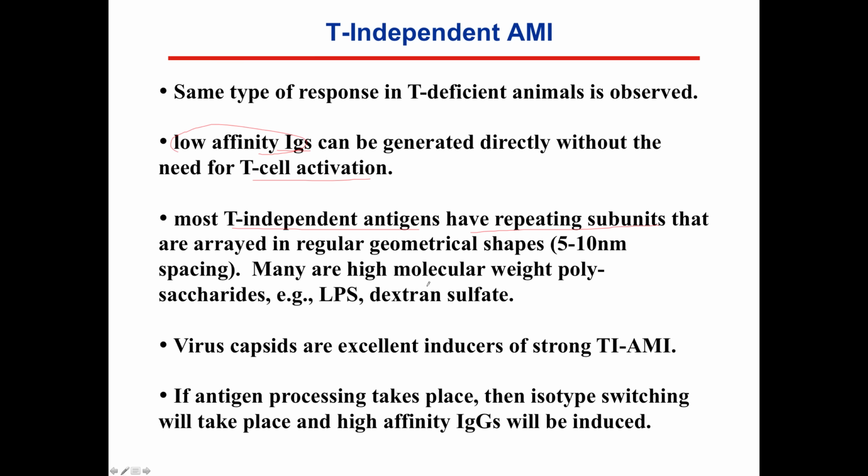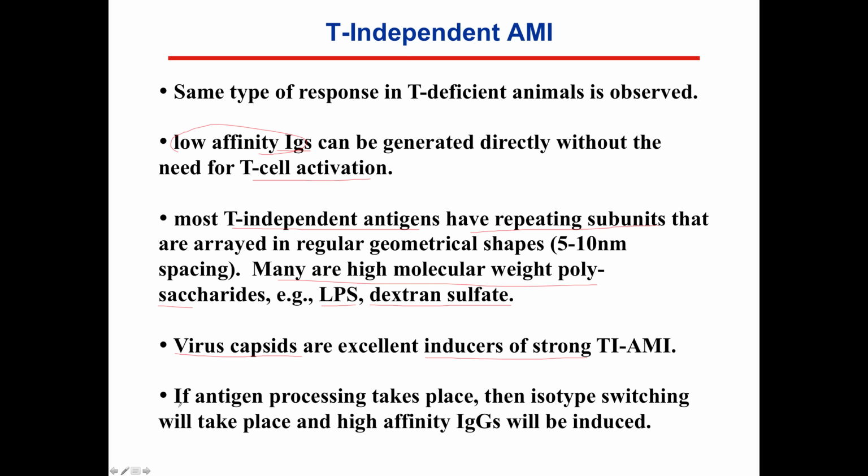Many are high molecular weight polysaccharides like dextrans or LPS. Other ones are virus capsids, particularly non-enveloped viruses, which have regular repeating units on their surface, and these can be strong inducers of a T-independent antibody-mediated response.